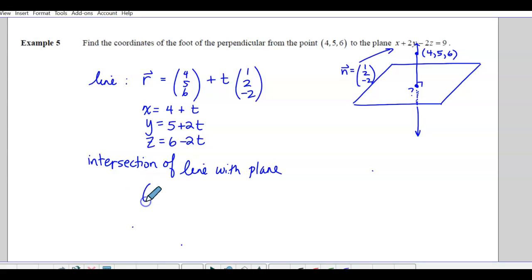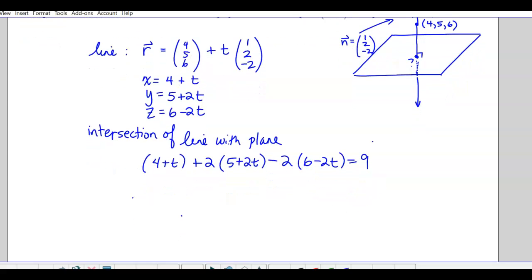So for x, 4 plus t, plus 2 times y, 5 plus 2t, minus 2 times z, 6 minus 2t, equals 9. Then just solve that equation for t and get rid of the brackets.